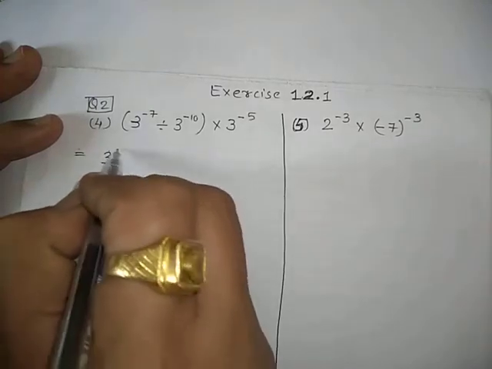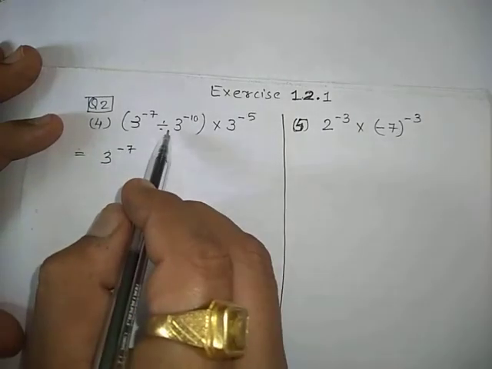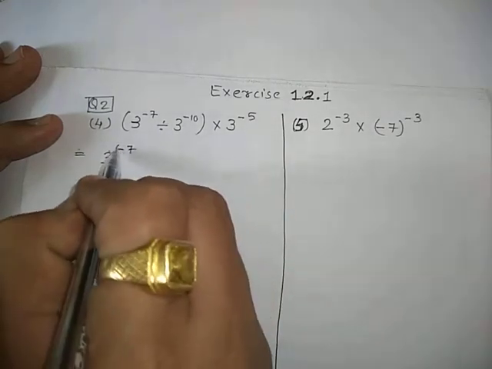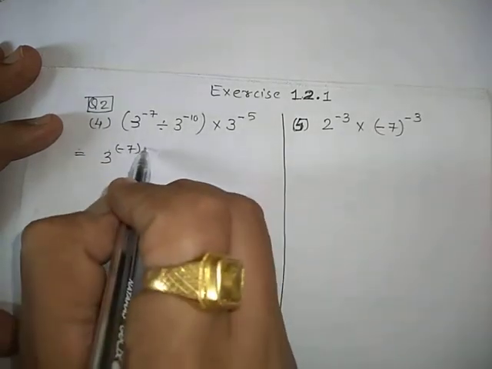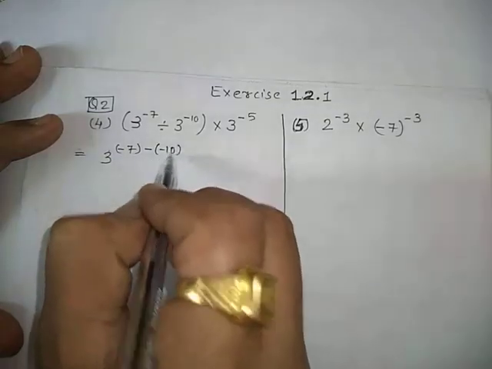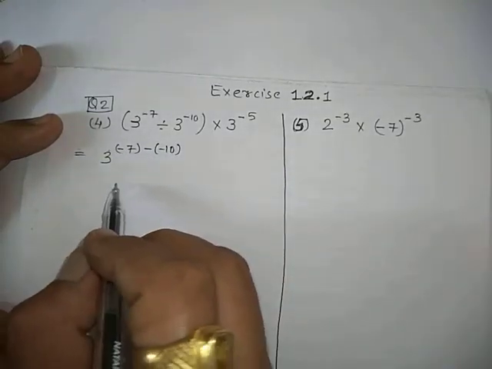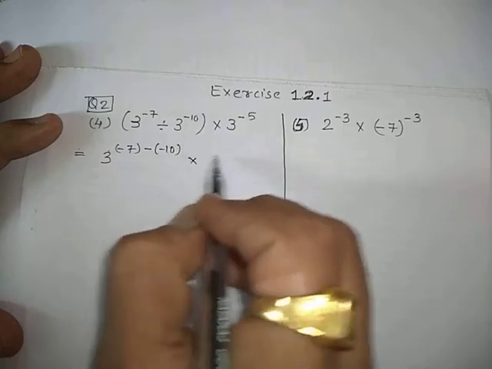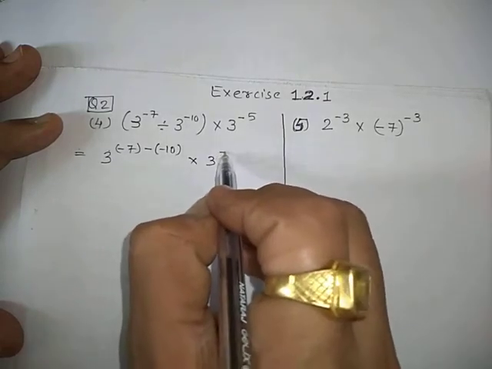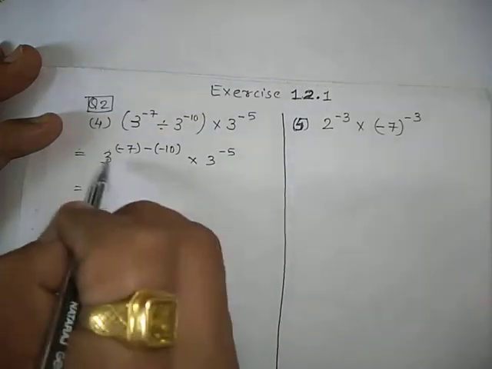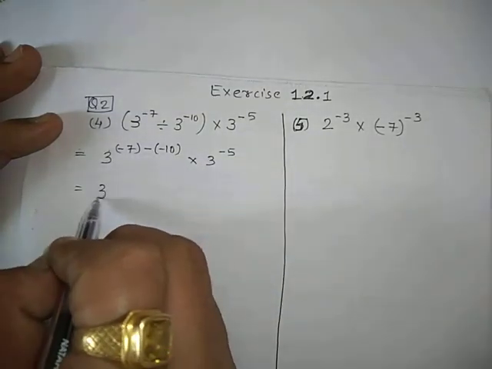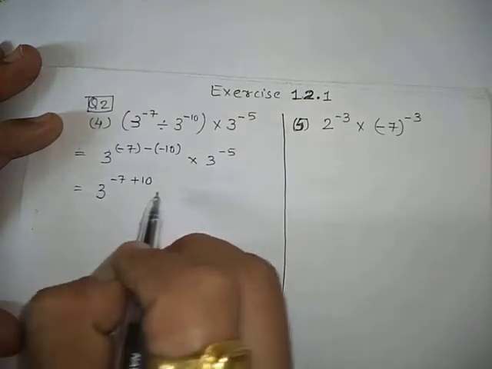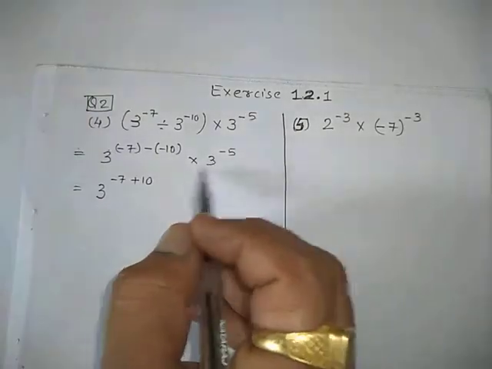So 3 minus 7, multiplied is not given, it is divide, so it means same base, so subtract m and n. So first we will try to resolve this one. So 3 minus 7 minus minus, it will become plus 10, and here this one is multiply.